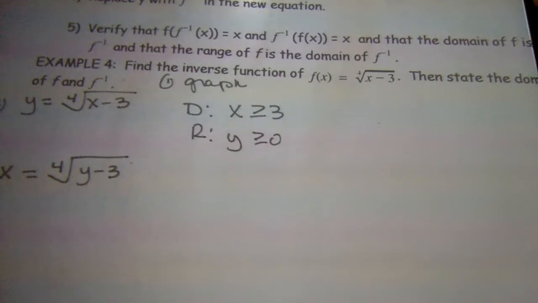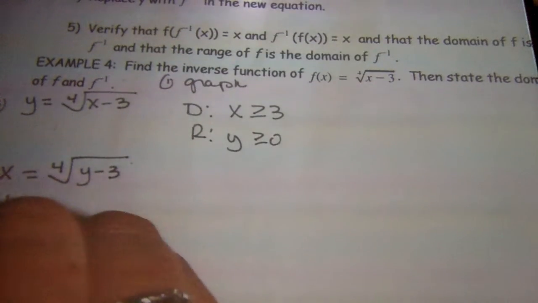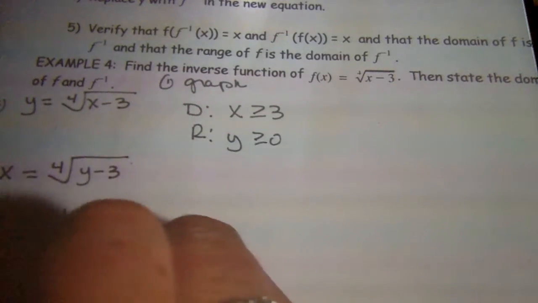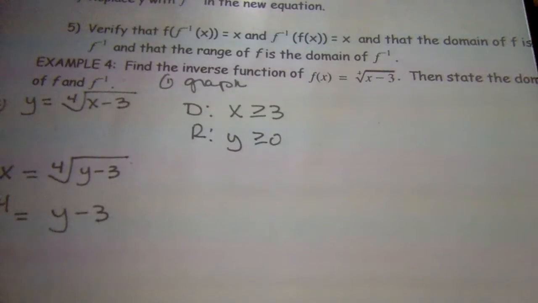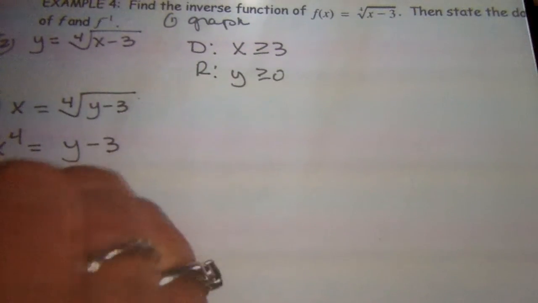So what do I do to get y by itself? 3 over there. Not yet. So it's the fourth. Raise it to the 4th power. So this is going to be x to the 4th equals y minus 3. Then what? Add 3.